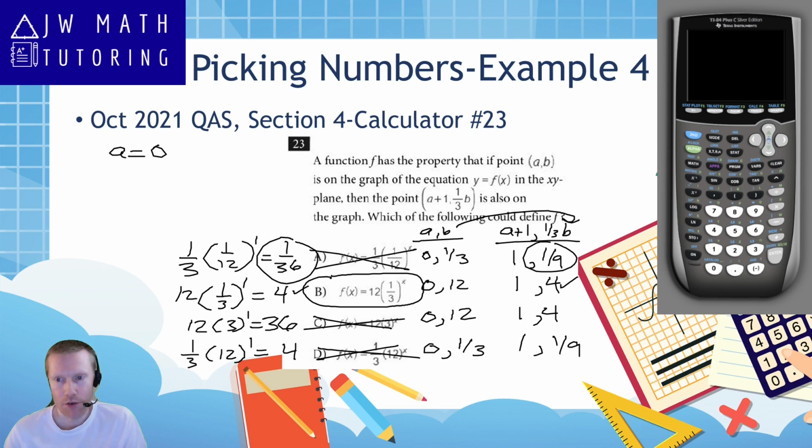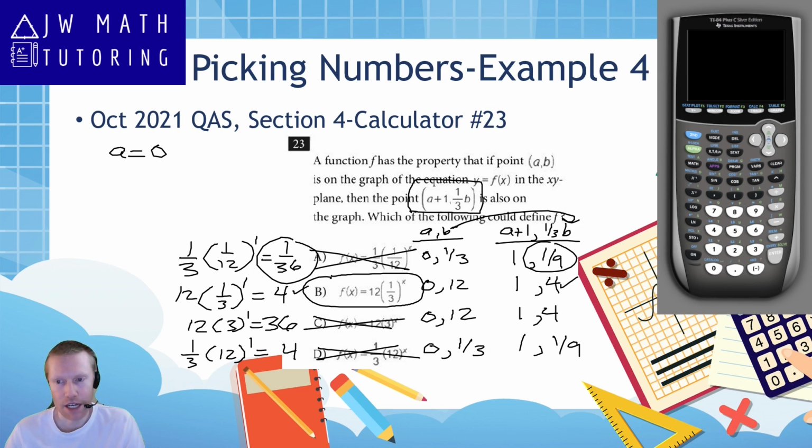Then I found what 1/3 of b is. In other words, for my original point, I took its y coordinate and multiplied them all by 1/3. Because to meet the conditions of the problem, this (a plus 1, 1/3 b) point must be on the actual graph.